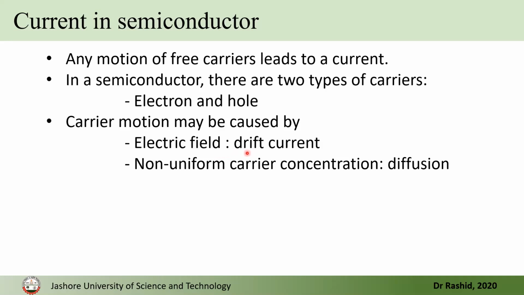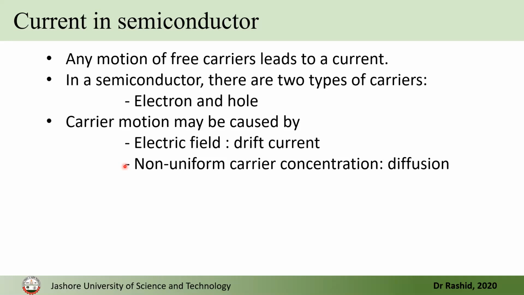One can be the drift current because of electric field. We know in a conductor, when we apply an electric field, the electrons tend to drift following the direction of the electric field and cause a current. So the current in the semiconductor can also be because of that. This can also be because of diffusion, and this happens when you have a non-uniform carrier distribution.